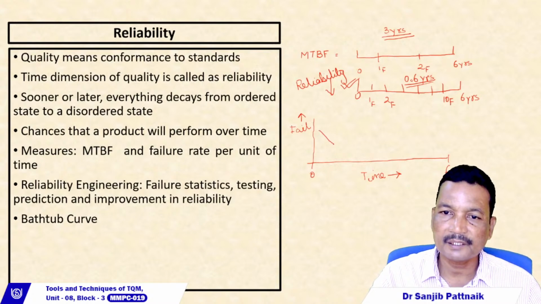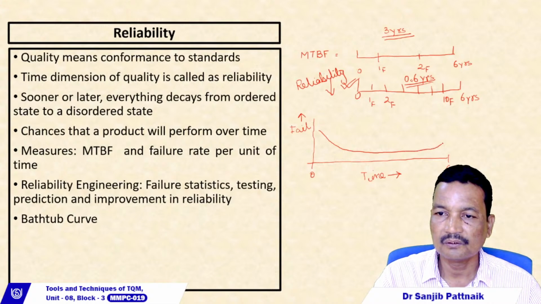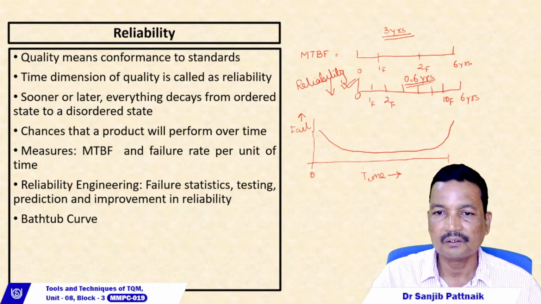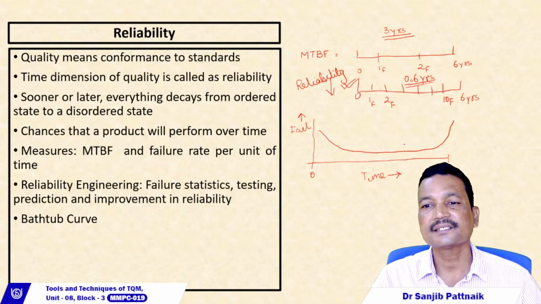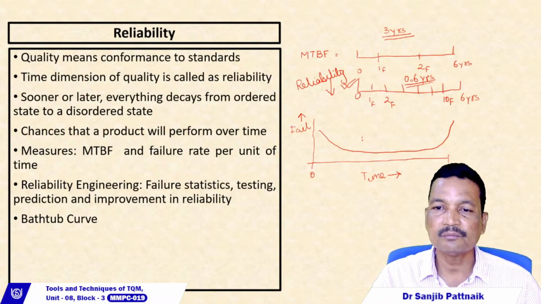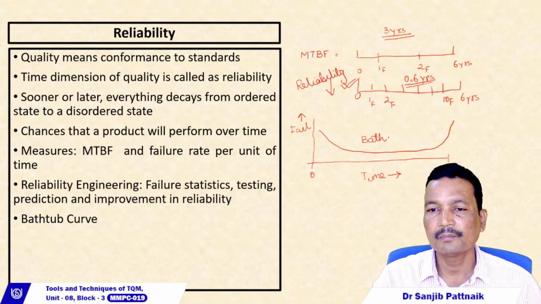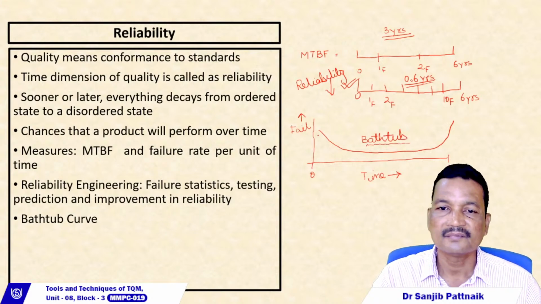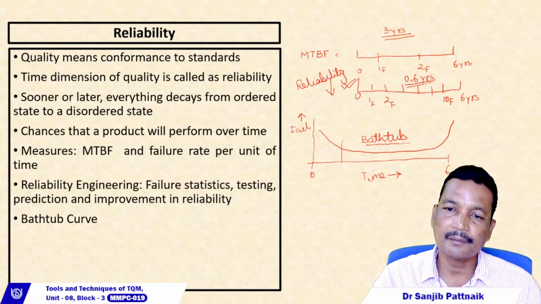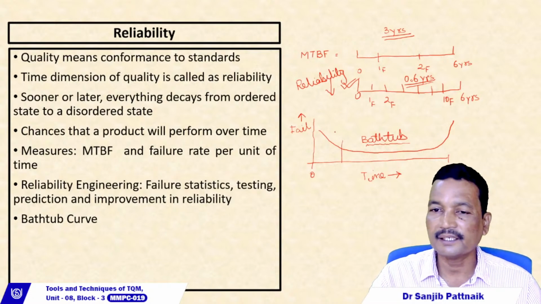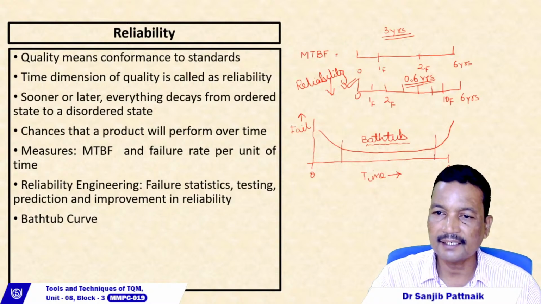Mostly it is seen every product will show a characteristic like this. I presume this looks like a bathtub. Almost all might have seen what is a bathtub. That means the failure is more in the initial time period and it reduces.